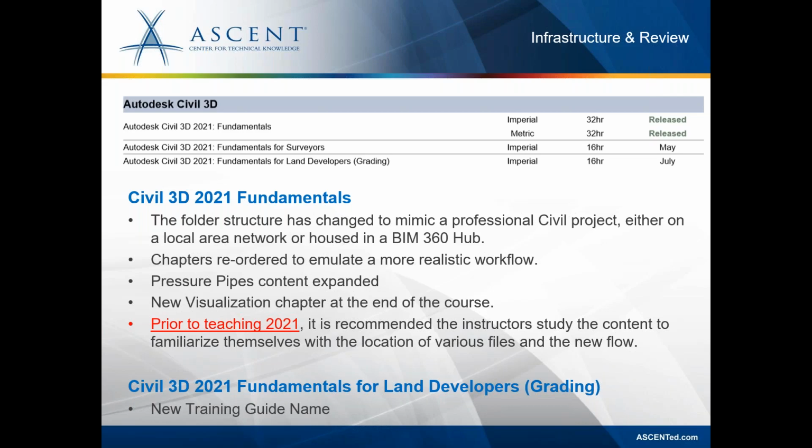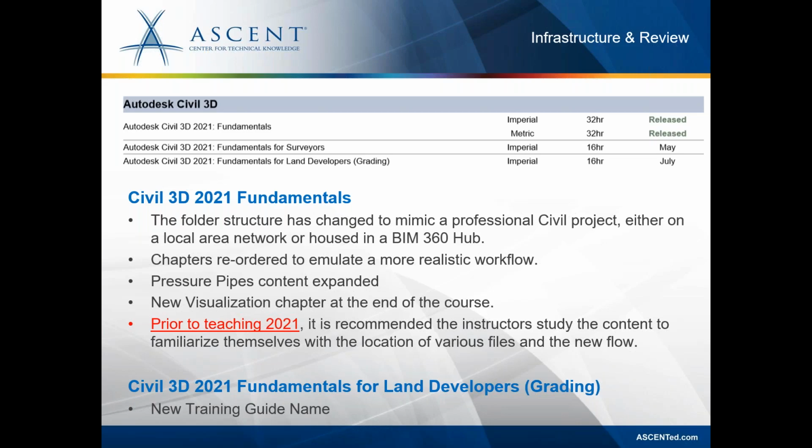For the Civil 3D 2021 Fundamentals course, both in Metric and Imperial, I changed the folder structure to mimic a more professional civil project, either working within your own office on a local area network, or outside of the firewall, you might be housing it in a BIM 360 project on a BIM 360 hub.